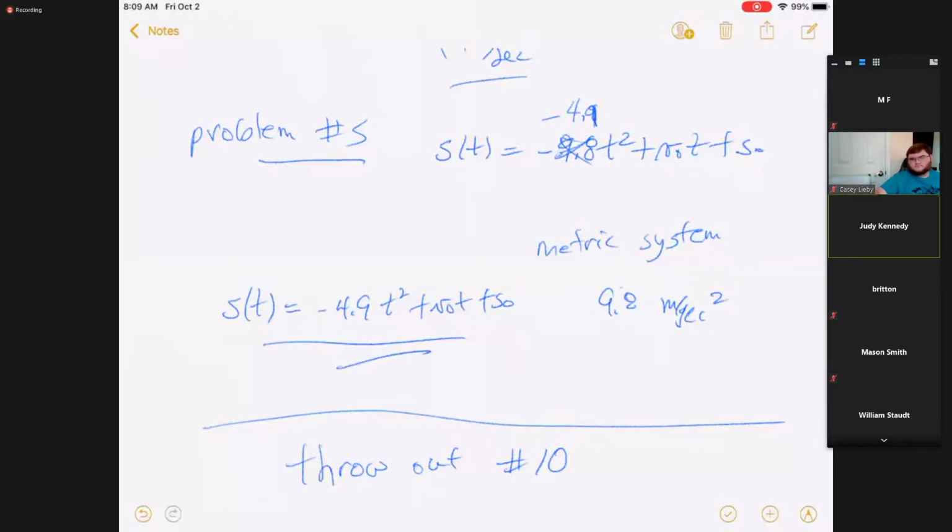So related rates is the last thing that will be on your exam. Which means that what I was talking about yesterday in particular will not be on the exam, and what I'm going to be talking about today will not be on the exam. It'll be on the next exam.